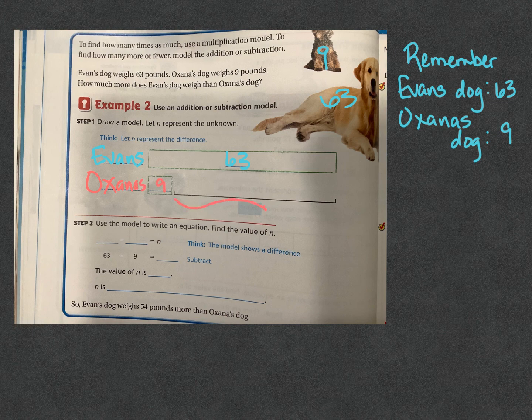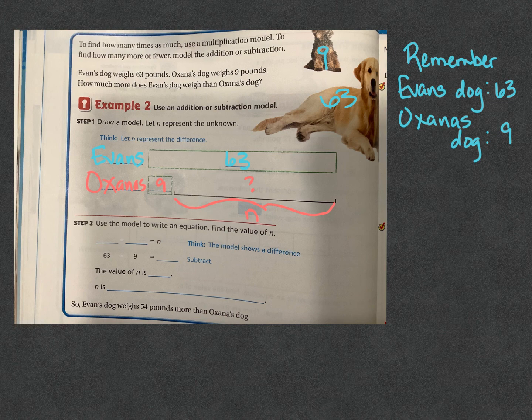How much more, what is this unknown amount for the difference between them? N. That's our unknown, right? Let's give it a variable, a letter, so that we know that we're trying to solve it.